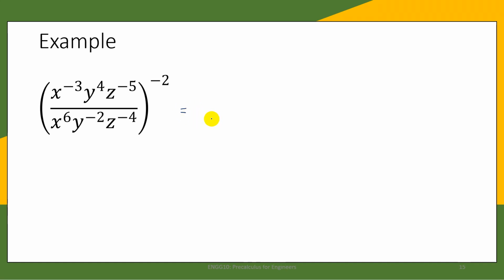I prefer simplifying what is inside the parentheses first. Since we have x, y, and z as the variables, we have x raised to negative 3 minus 6 because the exponents need to be subtracted, and then y raised to 4 minus, in the denominator is negative 2, so that's 4 minus negative 2, and then z raised to negative 5 minus negative 4.